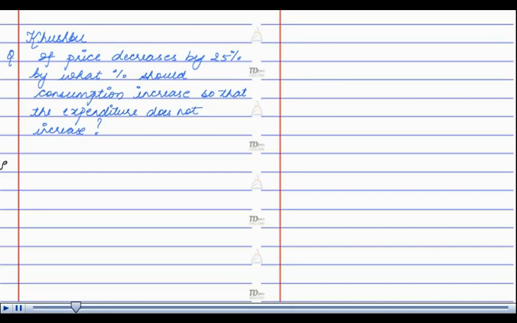We know that expenditure is price into consumption.